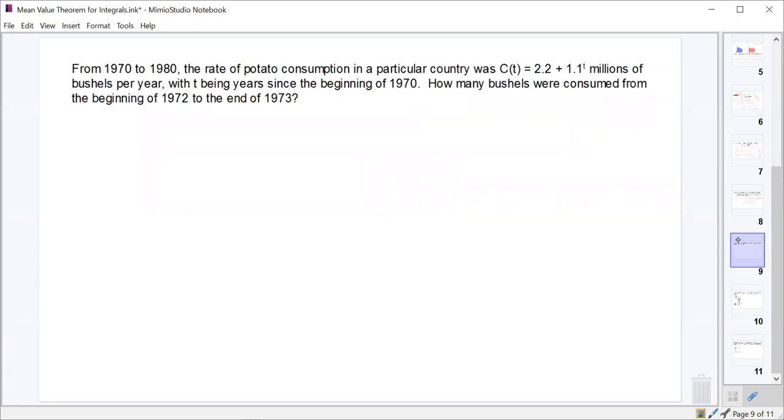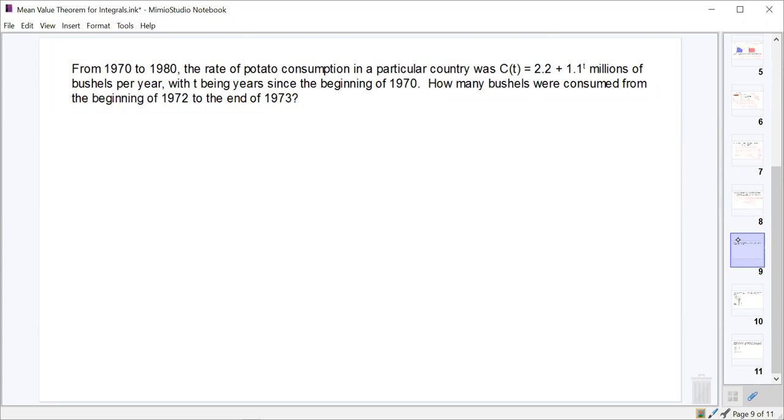So we're going to move on to something slightly different than this now, but still involving integrals. We're going to talk about something called an accumulator function. The name of that is not super important there. But an accumulator function is one where we are looking at a rate of something, and then from that rate, we're going to integrate to get an actual value of something that is accumulated over time.